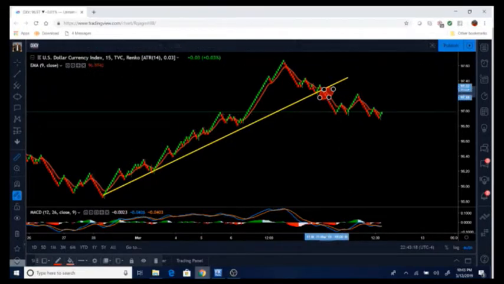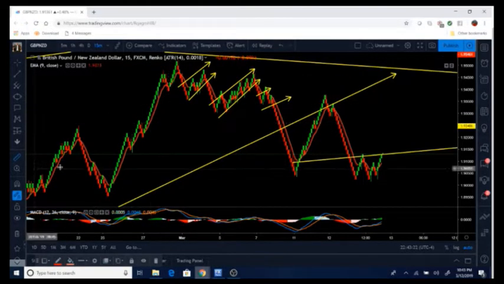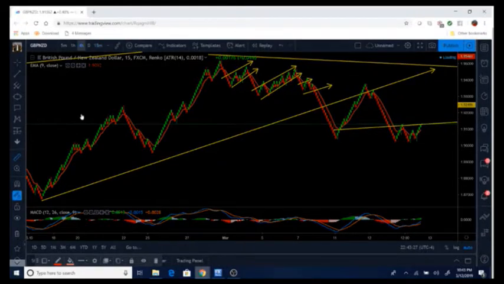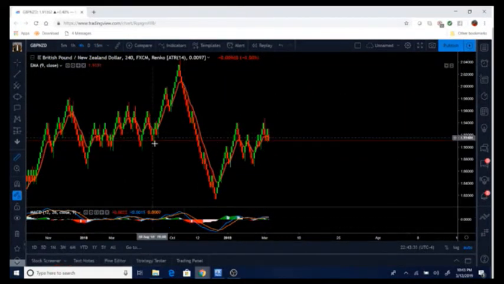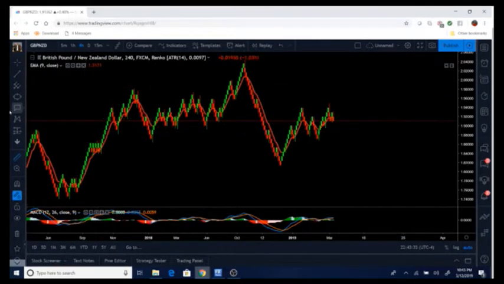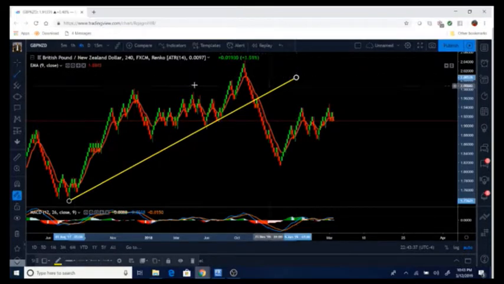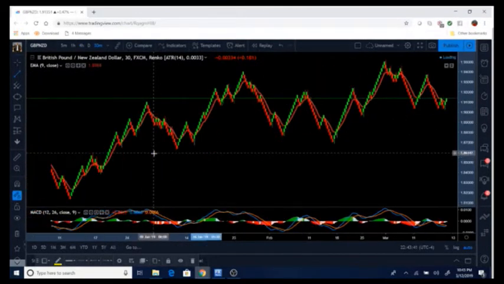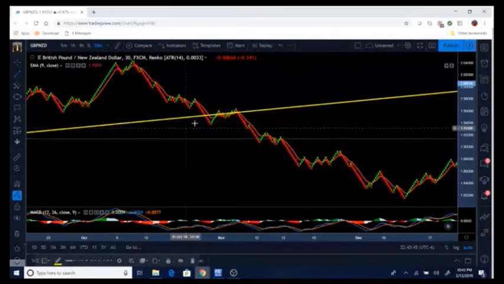For those who are looking for a bigger move, let's say, for example, Great Britain, New Zealand. Hopefully you guys caught those sell moves on Great Britain pound. So this is perfect right here. Let's say I take this, go down to 30 minute. Check this out.